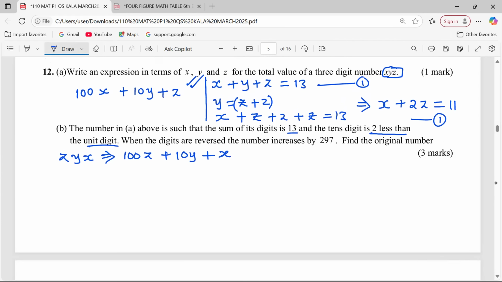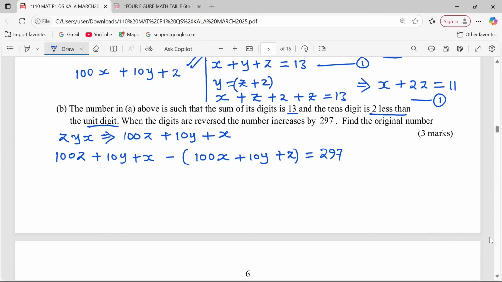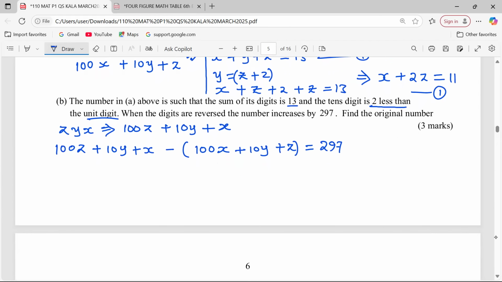So this new number minus the original number should give 297. This is the second equation, but we can simplify it first.